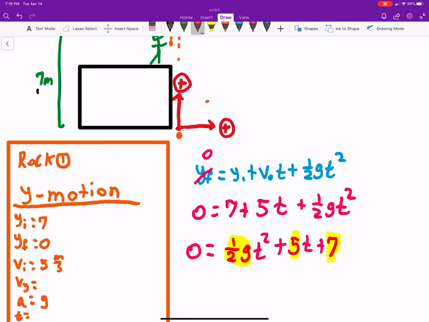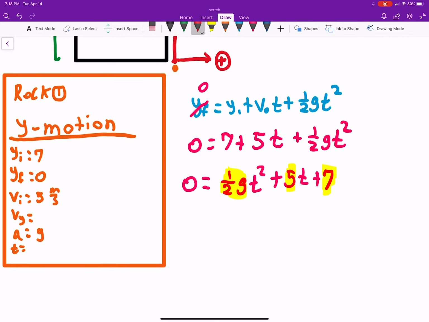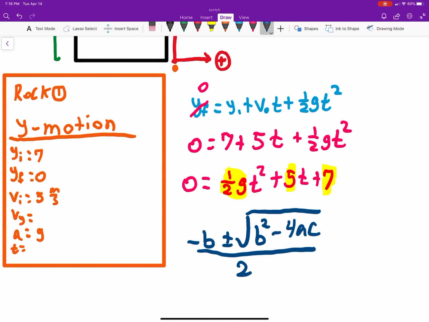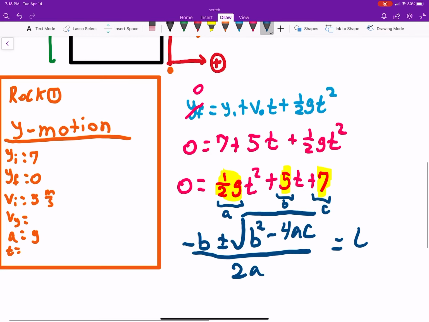Instead, what I would recommend is doing the quadratic formula to get your t, which, if we remember, is just negative b plus or minus the square root of b squared minus 4ac, all divided by 2a, where this is a, this is b, and this is c. And this gives us our t value that we're looking for.